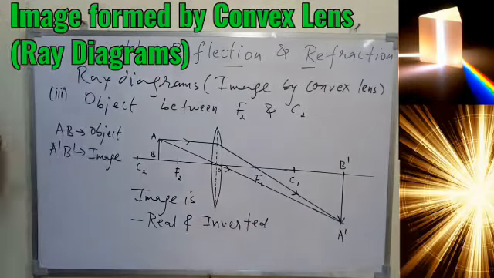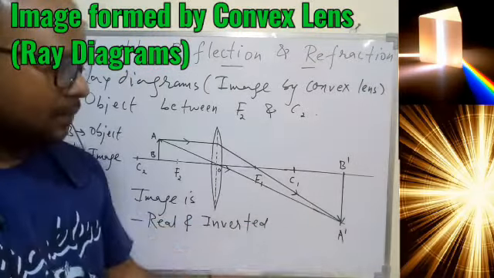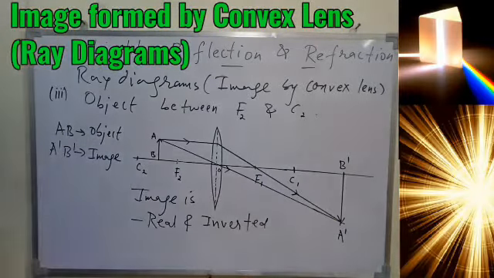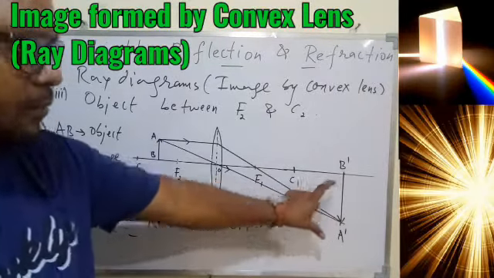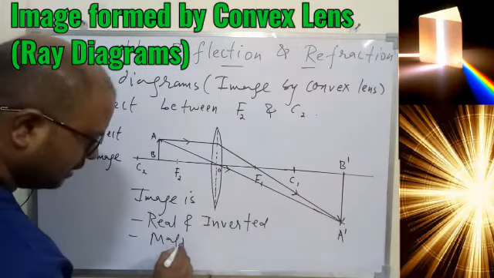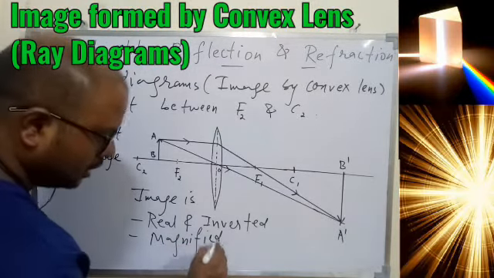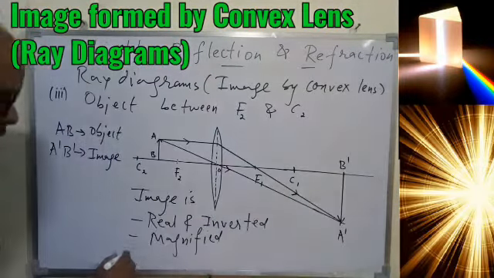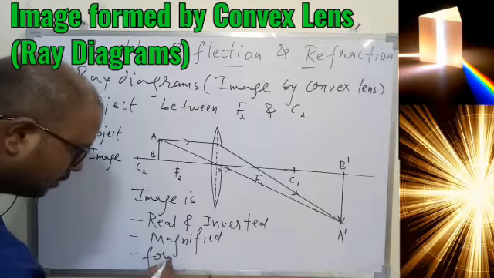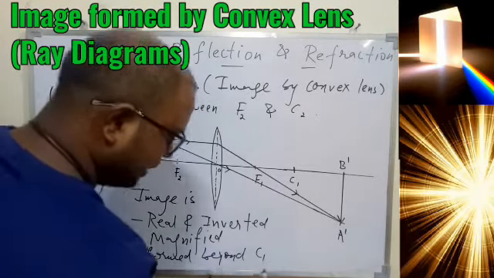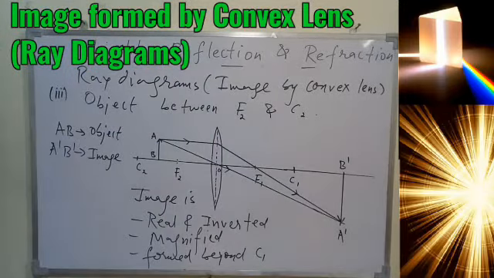So from diagram we can find out it's real because ray is converging, and it is inverted because A prime is below the principal axis, and even if you see directly, this is quite bigger as compared to the object, so image is magnified also. And you can also see where is the image forming. So image is forming beyond C1. So you can write down formed beyond C1, or center of curvature we can say.